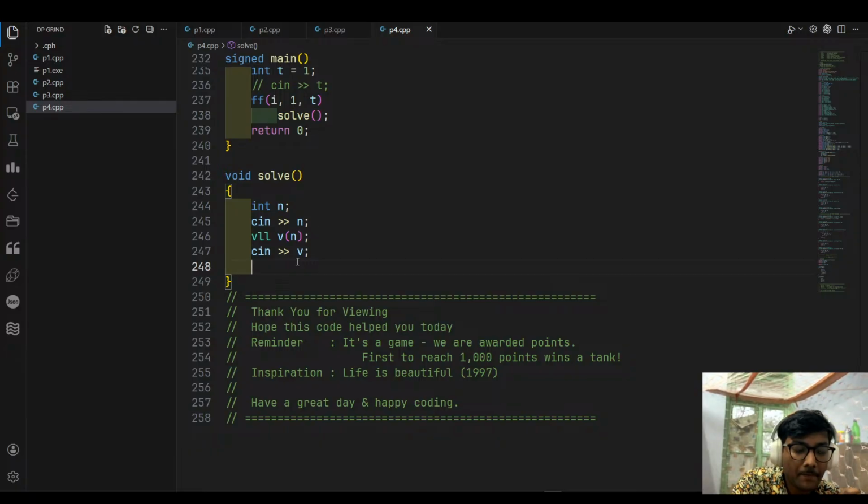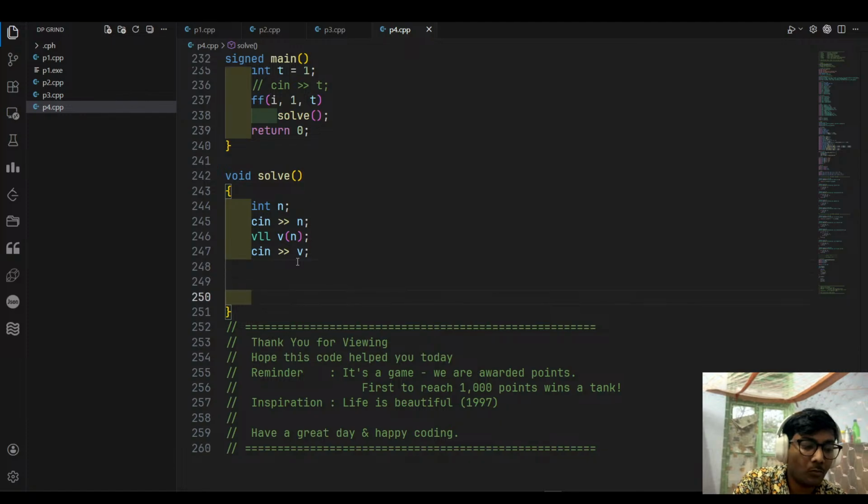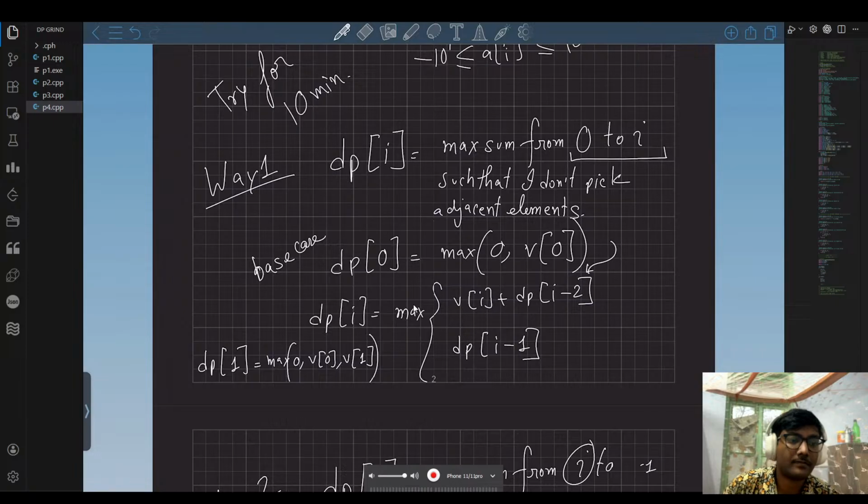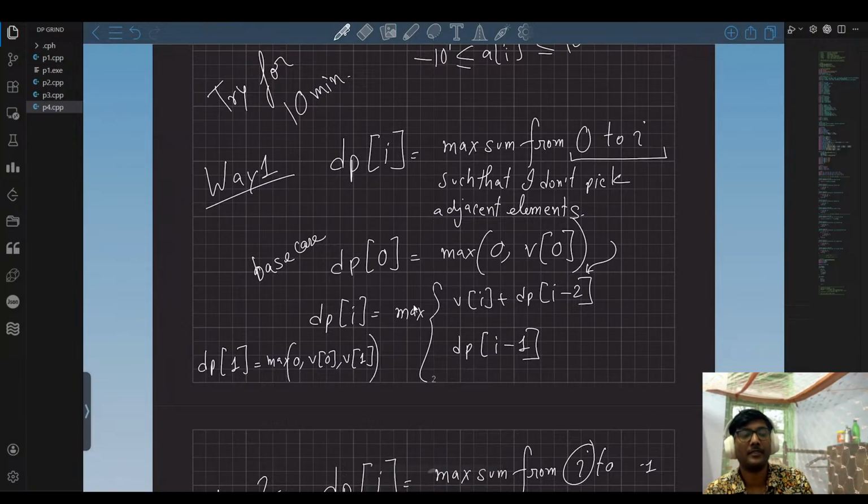Now let's try to discuss way one. In way one, we have defined dp of i is the maximum sum from 0 to i, such that this, otherwise that. Now you understand, since I am only depending on i minus 1 and i minus 2, I can start from 0 and work our way up.